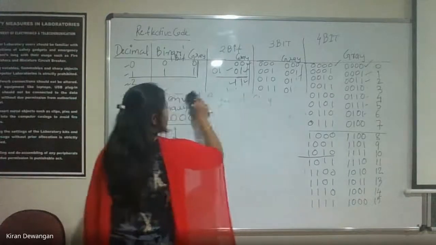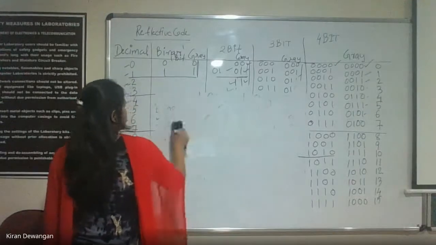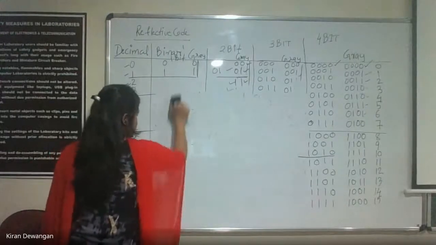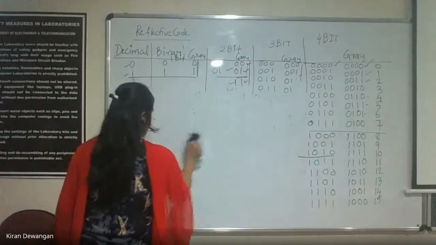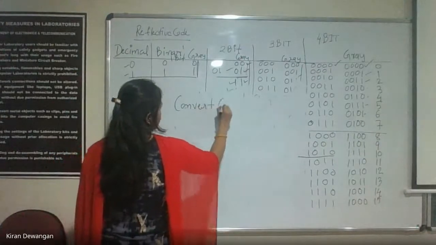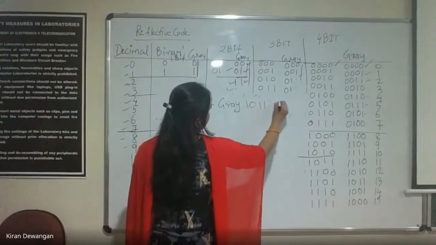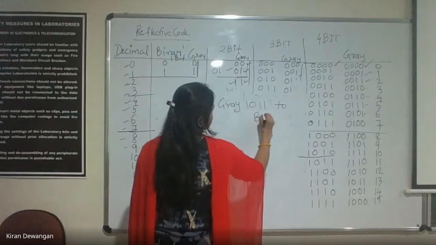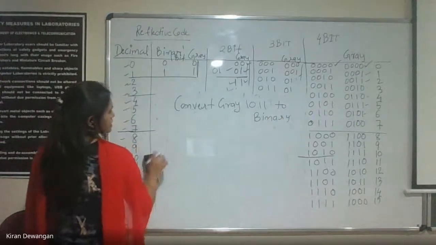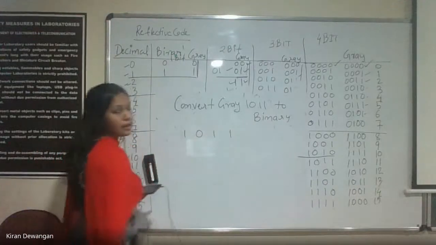We can convert gray to binary as well. We'll see how it is done. It's not exactly the same process; it is a little different. Convert gray 1011 to binary. This is 1 0 1 1.